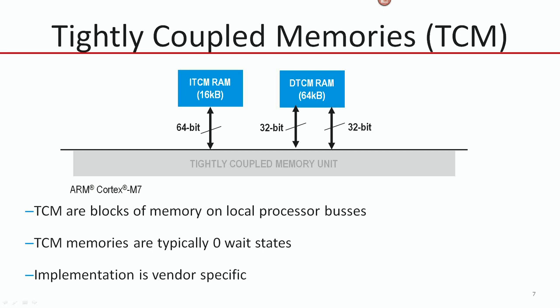So we can load a critical code into the instruction TCM and execute at zero wait state, and also critical data can be loaded into the data TCM and again accessed at zero wait state. And here on the data TCM we have two 32-bit buses, so again we can have dual accesses to it.